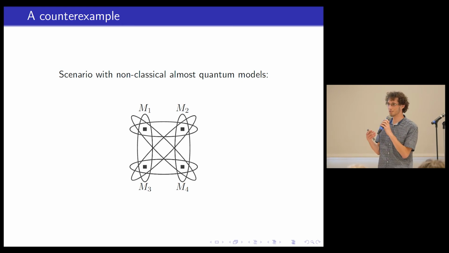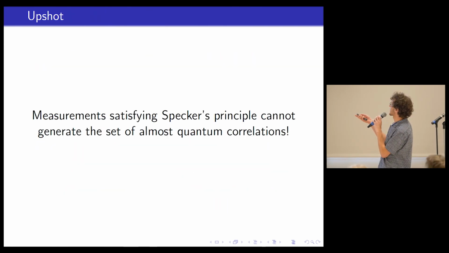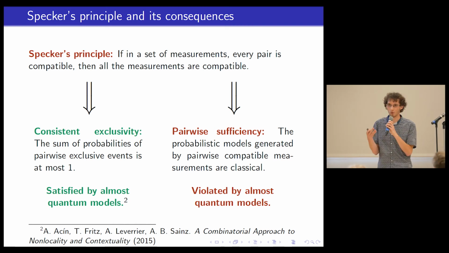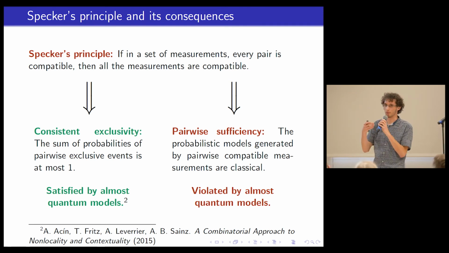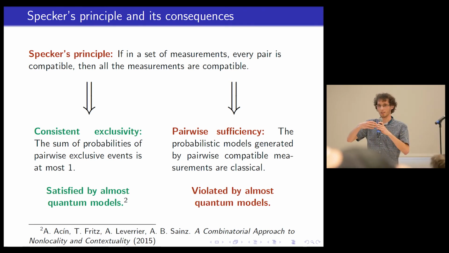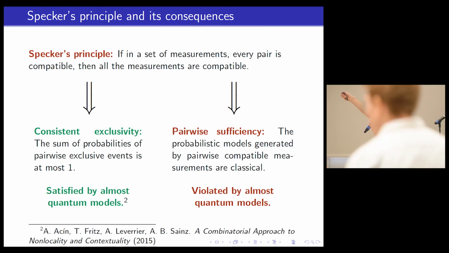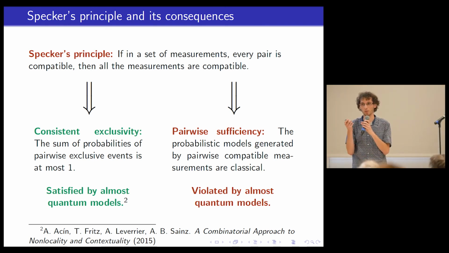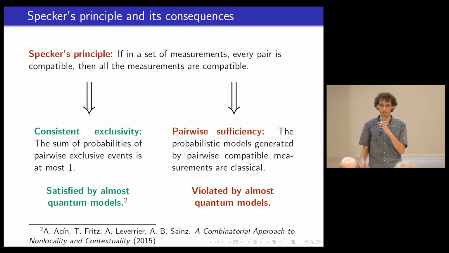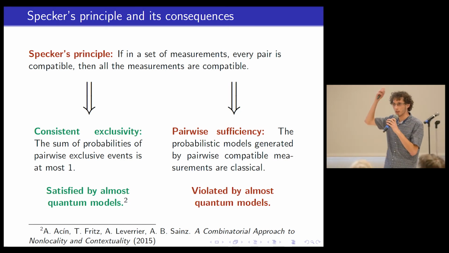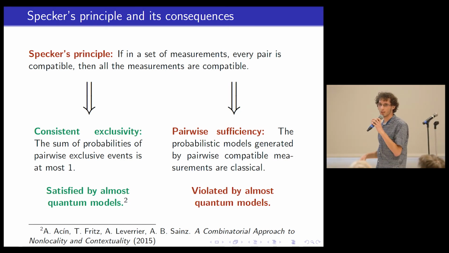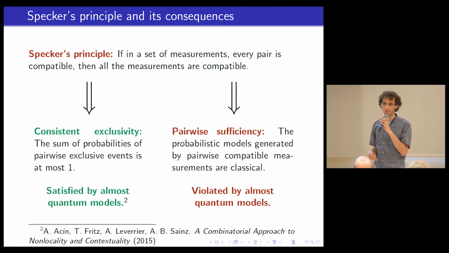It is an interesting question. Once we see that almost quantum correlations do not satisfy, for example, this pairwise sufficiency principle, almost quantum correlations are larger than the correlations which are allowed by this principle, or at least not necessarily included in there. It is a valid question to ask what the set of correlations implied by Specker's principle or some of its consequences is, and we haven't really explored that question in great detail.